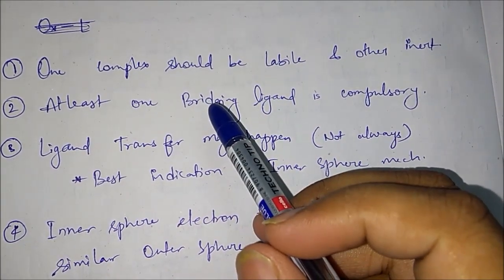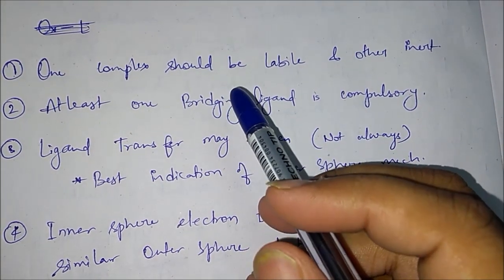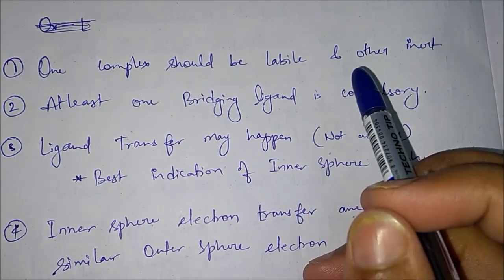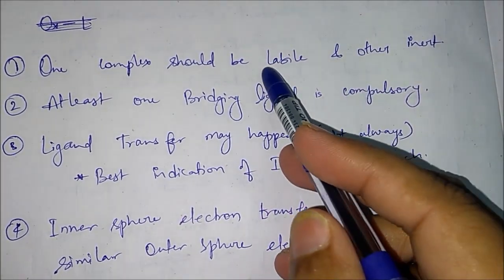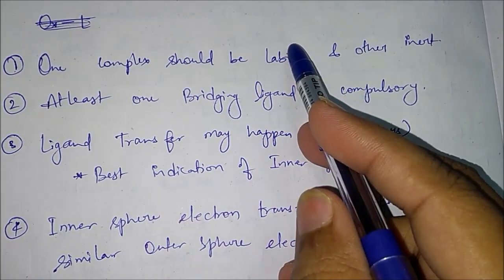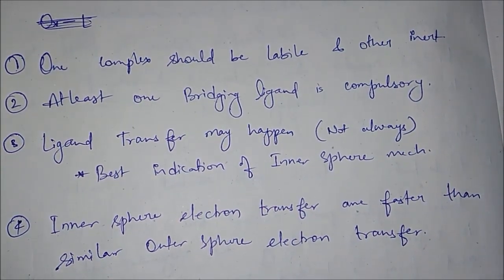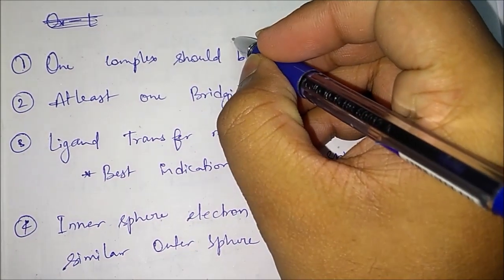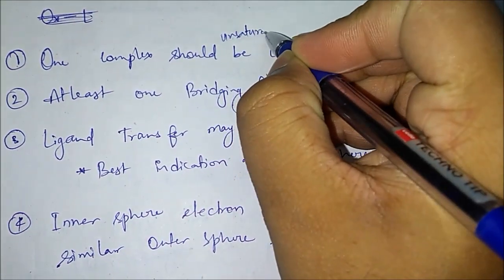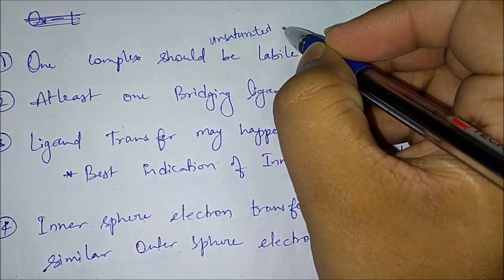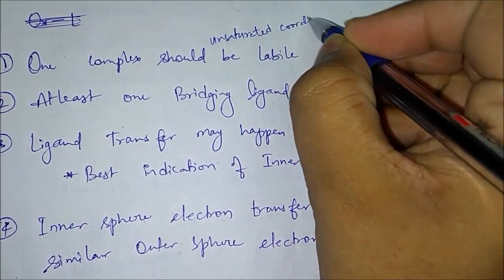Whereas in the outer sphere electron transfer mechanism, we studied that both of the complexes should be inert. But here one should be labile. If the complex is not labile, then it should have an unsaturated coordination number.